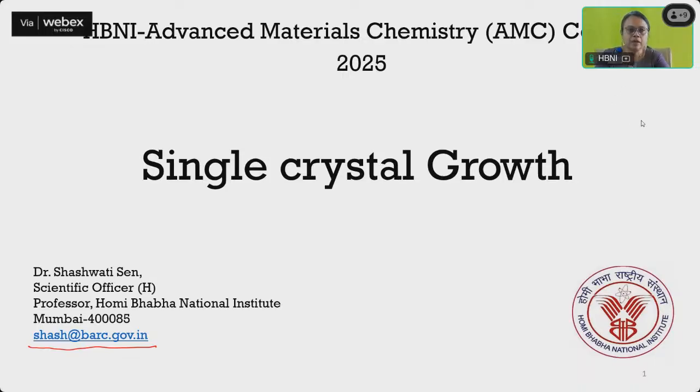Just before I start on today's lecture, we will revise what we have done in the last two classes. First one was on the basics of semiconductors. We learned what semiconductors are and what leads to the formation of bonds in them. Then we saw silicon as an example of an elemental semiconductor, with doping like p-type and n-type doping.